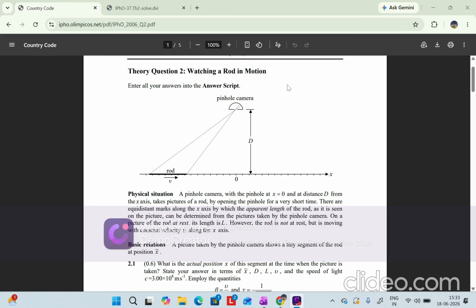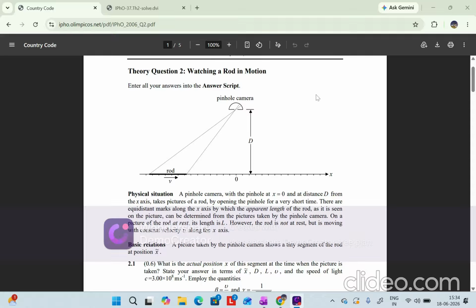The question says that a pinhole camera, with the pinhole at x equals 0 and at a distance capital D from the x-axis, takes the picture of a rod by opening the pinhole for a very short time. There are equidistant marks along the x-axis by which the apparent length of the rod, as seen on the picture, can be determined.